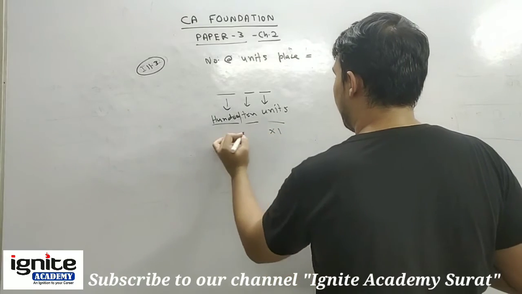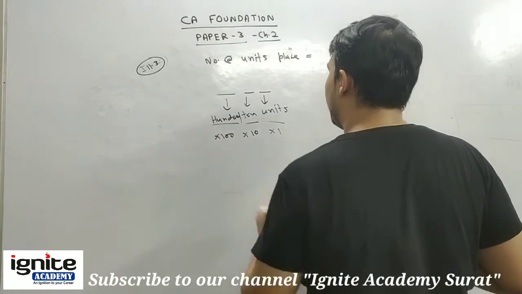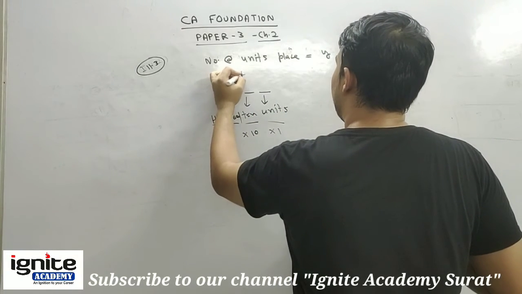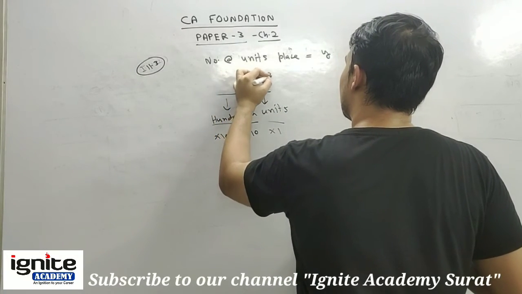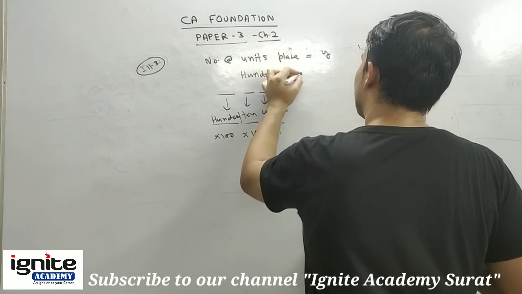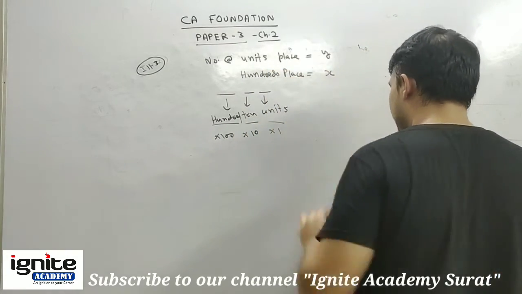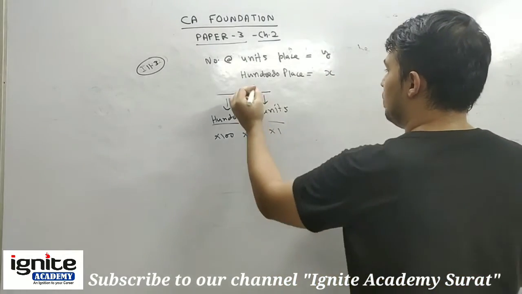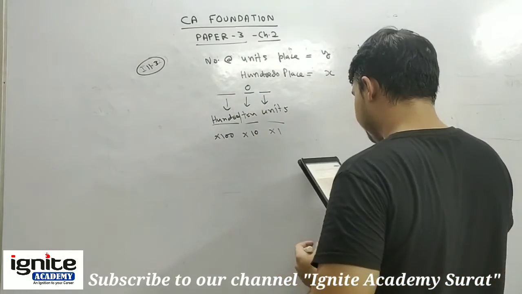Okay, this multiply by 1, multiply by 10, multiply by 100. Units place be y and hundreds place be x. The reason being the middle number is 0.